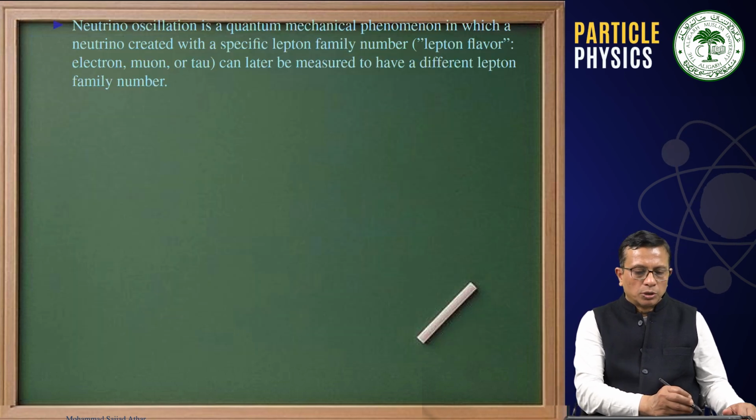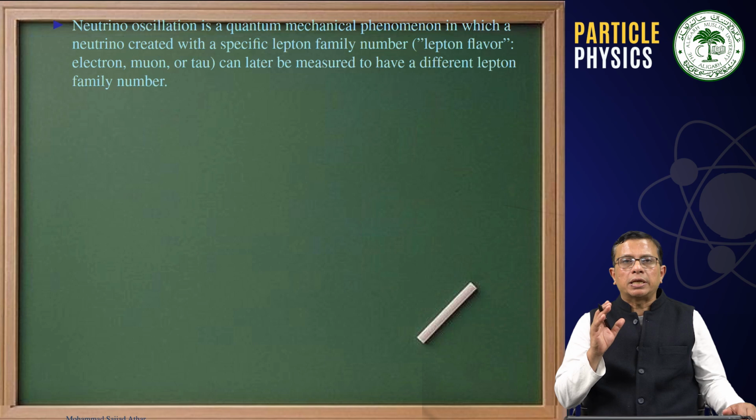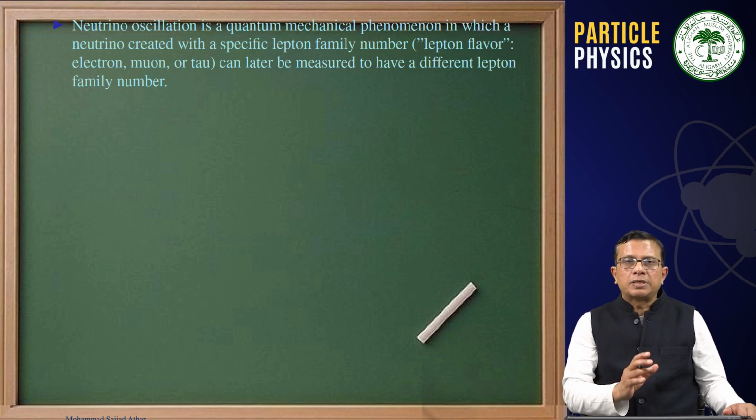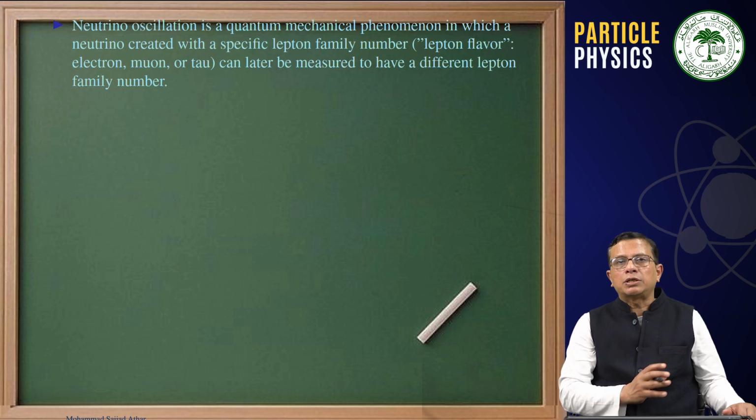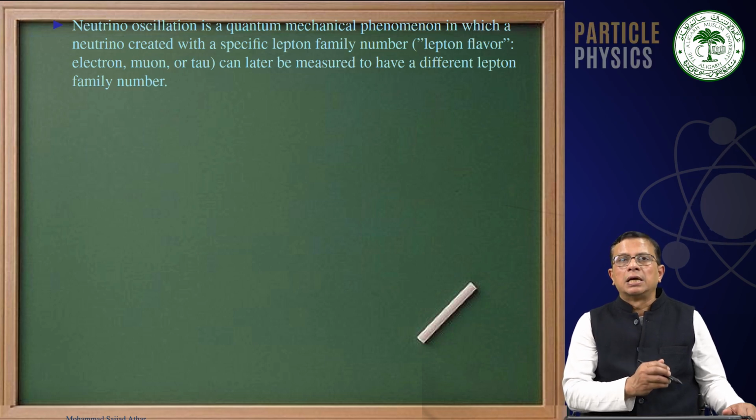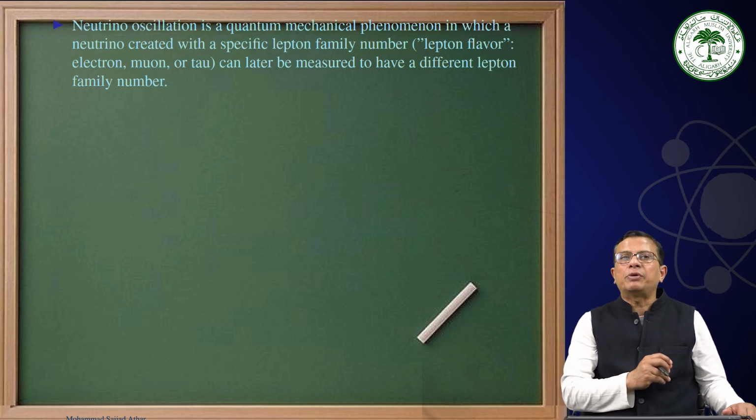What I had told you is that neutrino oscillation is purely a quantum mechanical phenomenon which happens because the neutrinos, when they travel in space, travel as a combination of mass eigenstates, and they have different frequencies.